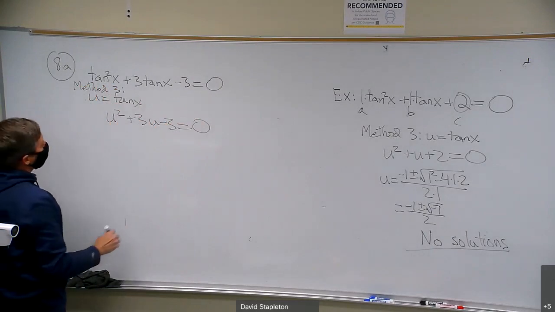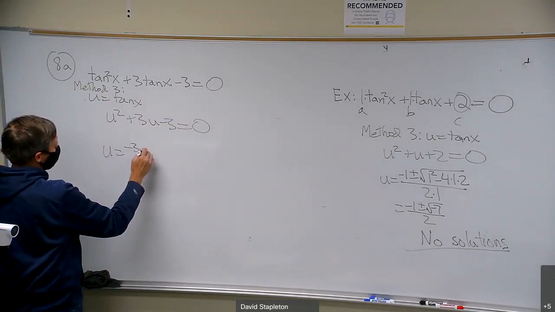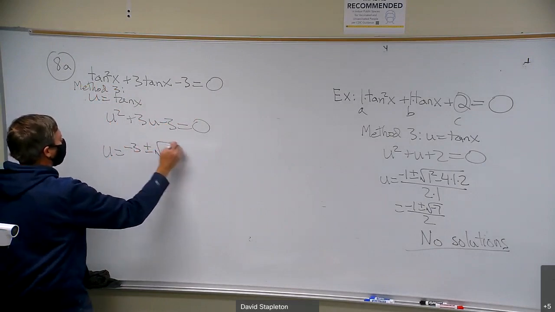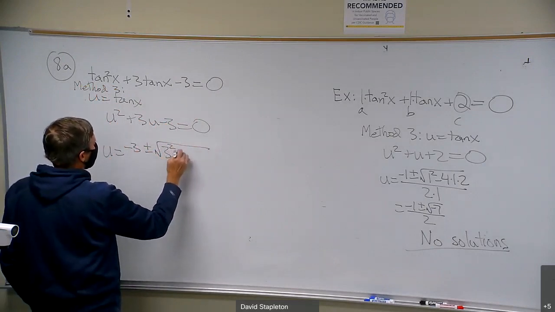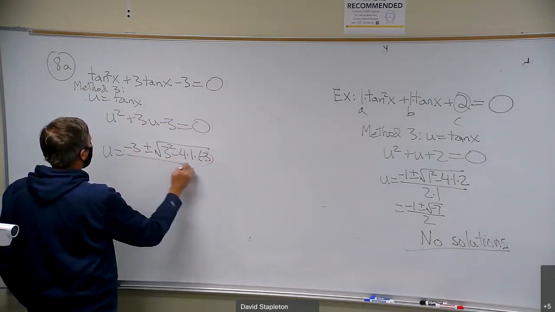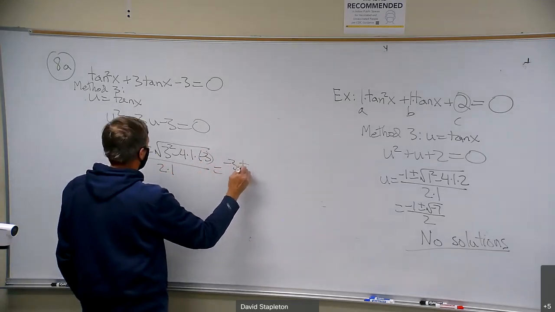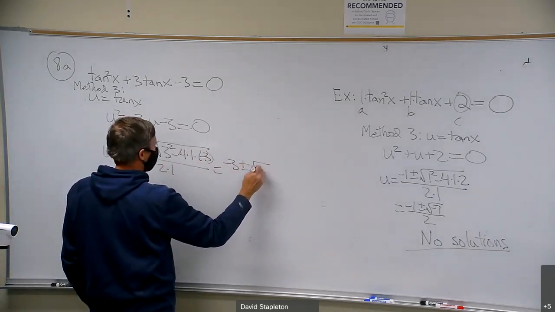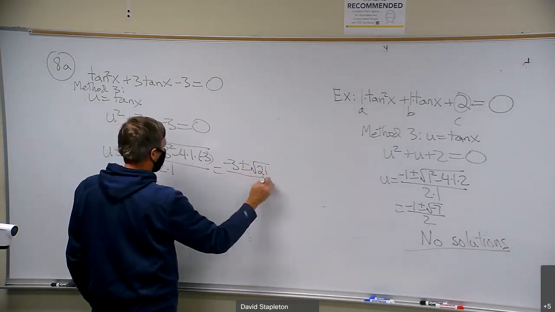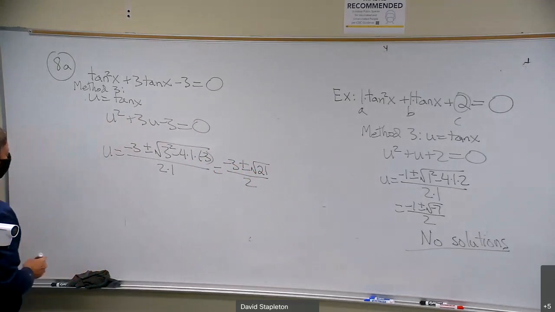Again, I can try the quadratic formula and say u equals minus b, that's minus 3, plus or minus square root of b squared, 3 squared, minus 4 times a times c, all over 2a. Minus 3 plus or minus square root of 21, all over 2. What do I do with that?